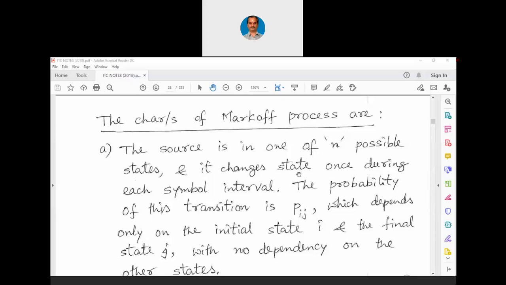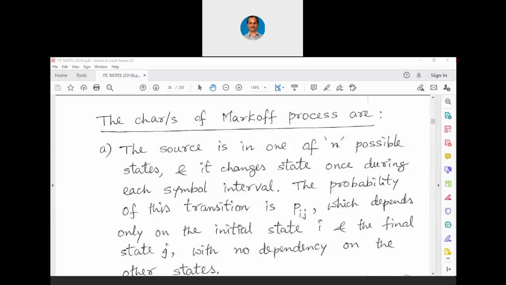Because after Q it is U, after U it is I, after I it is C, after C it is K. If the word quick has to be transmitted, Q-U-I-C-K, you can say Q is one state, U is one state, I is one state, C is one state, K is one state. You can go on this way. Which means it changes state once during each symbol interval.